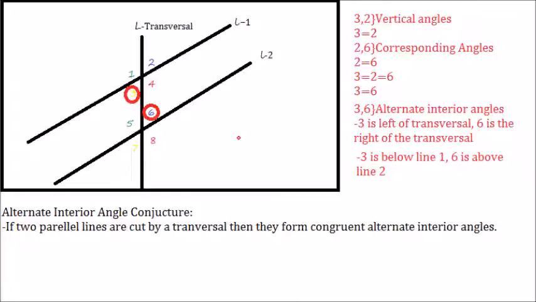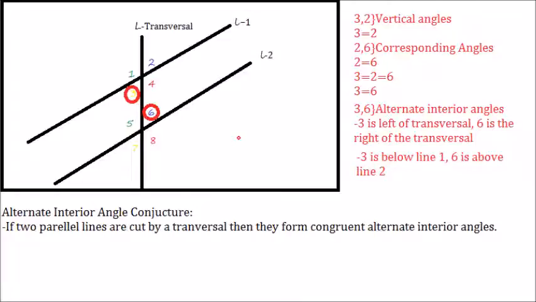This is the first half of the alternate interior angles. The other half is, since 3 is left of the transversal and 6 is to the right of the transversal, also 3 is below line 1, 6 is above line 2, so they're exactly opposite to each other.